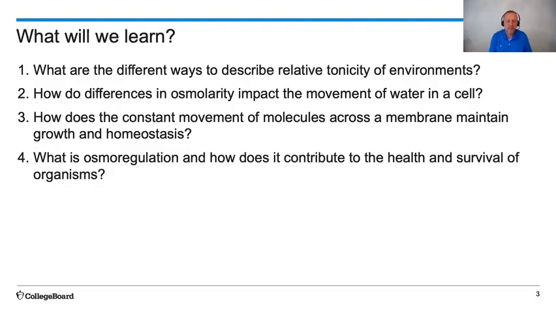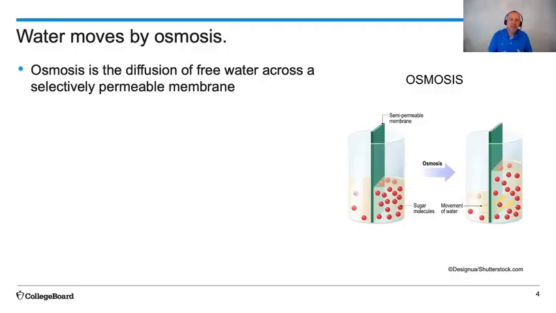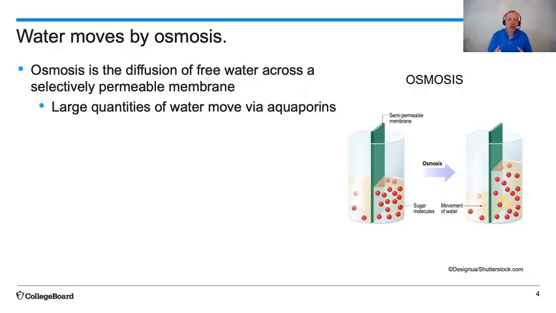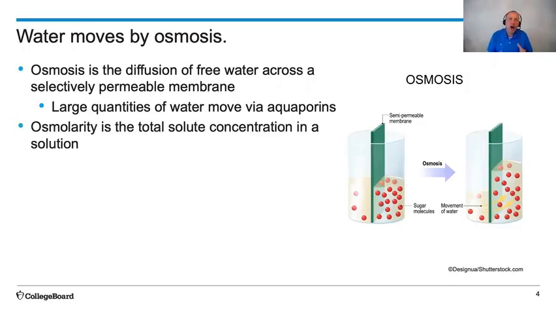Let's dive in. So osmosis is the diffusion of free water across a selectively permeable membrane. Large quantities of water move across the cell membrane via aquaporins. Osmolarity is the total solute concentration in a solution. Water has a high solvency ability.